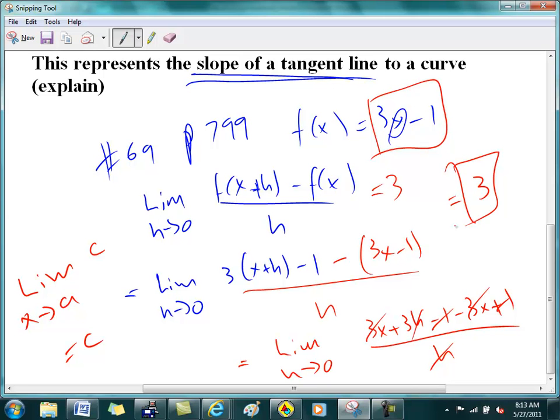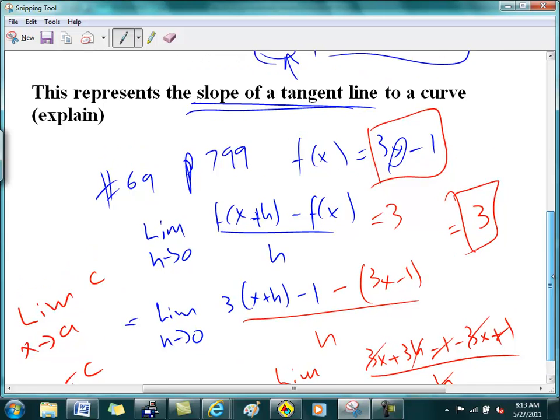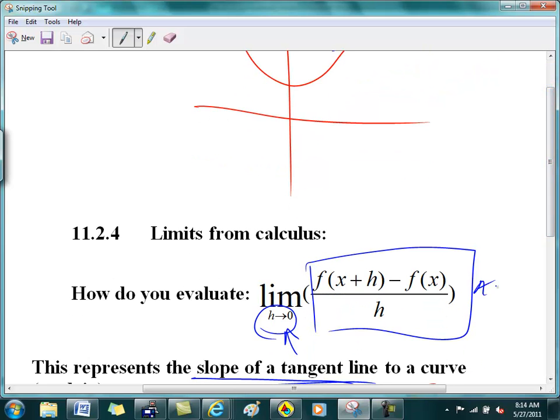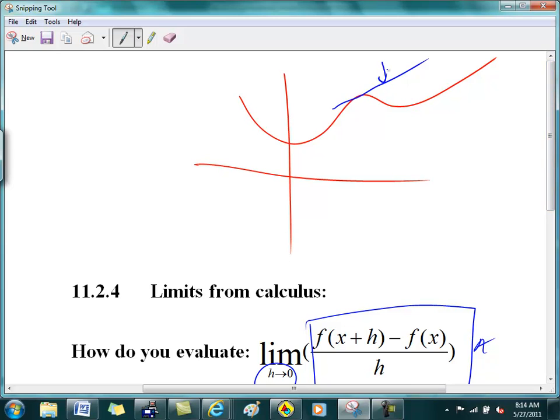Tangents in circles are geometry. In calculus, say I draw a funky curve. A tangent is this line here. And the limit we just did tells you it's the slope of this line.